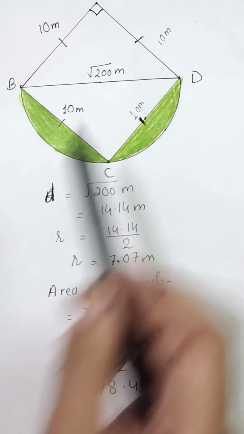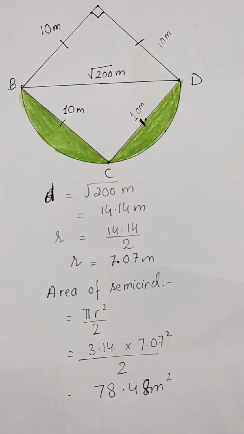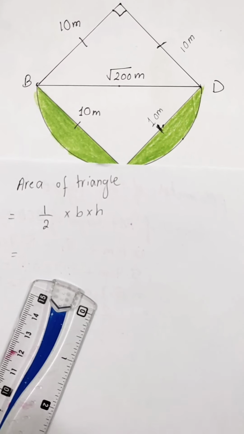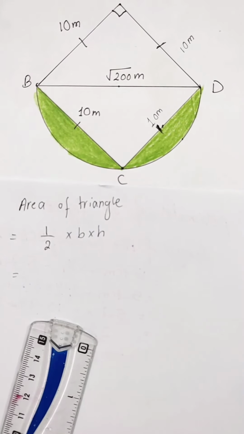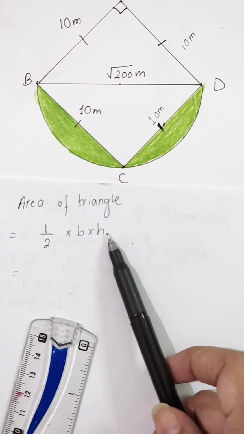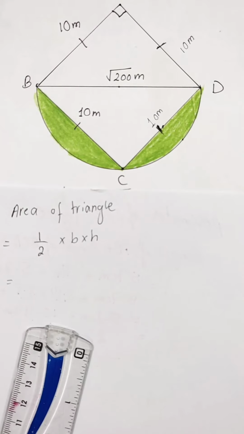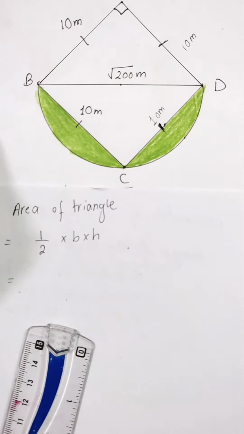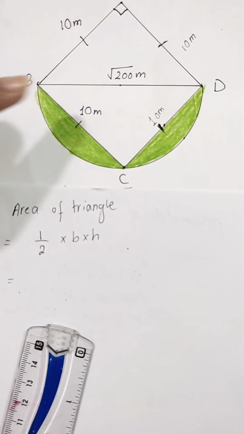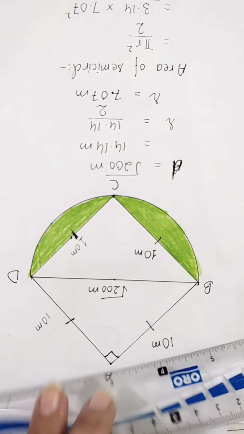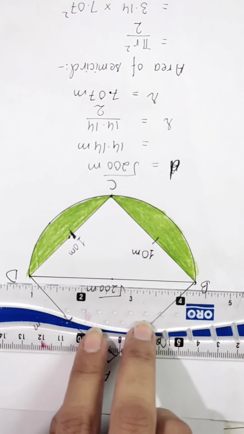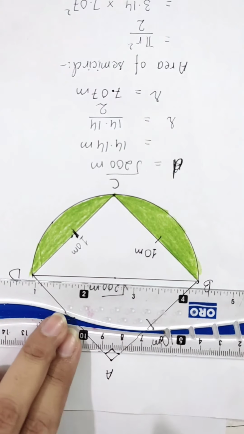The formula to find the area of a triangle is 1/2 B multiplied by H, where B is the base and H is the height of the triangle. Look at this. I will just rotate my paper and then tell you what the base and height of the triangle are. Now I think it becomes obvious to all of you.